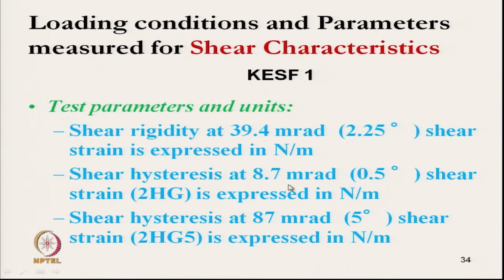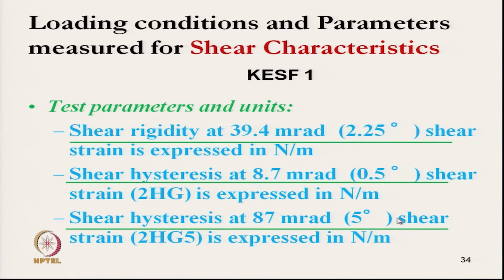Shear hysteresis at 0.5 degree is 2HG, and shear hysteresis at 5 degree shear strain is 2HG5, expressed in Newton per meter. Okay. So, these are the parameters related to KES-F1 for the shear characteristics.